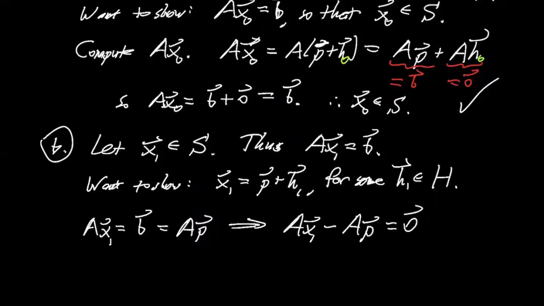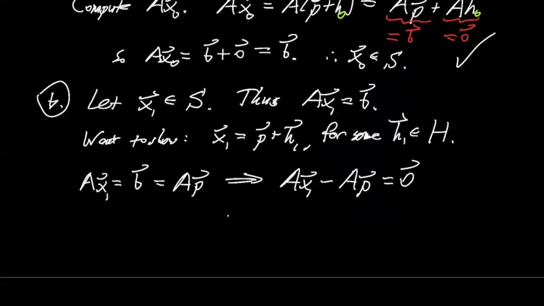I'm basically forgetting about the B and just connecting these two directly. So Ax1 equals AP, so Ax1 minus AP equals 0. And again, we can use this nice distributive linearity property to factor out the A: A times x1 minus p is 0.